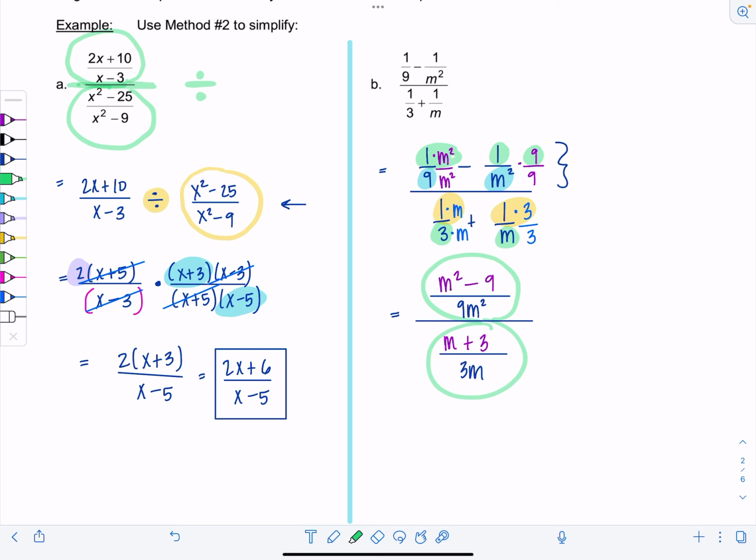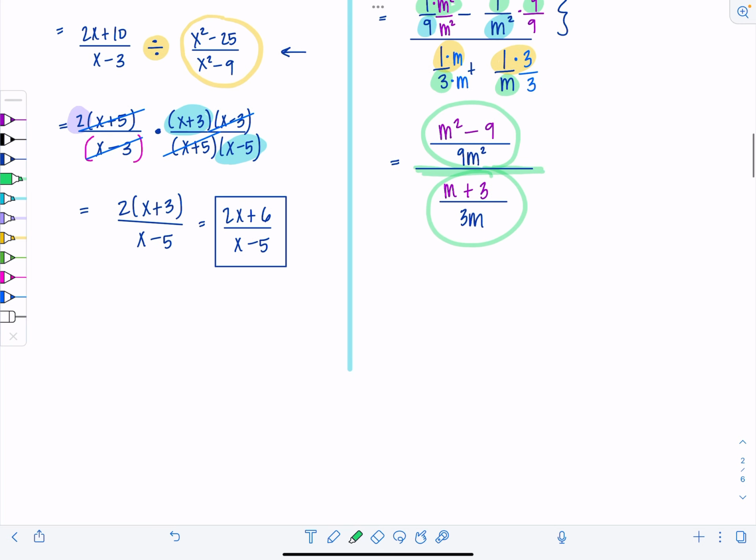And we can rewrite this fraction bar as division instead. So let's go ahead and do that. We have here (m squared minus 9) over 9m squared divided by (m plus 3) over 3m.